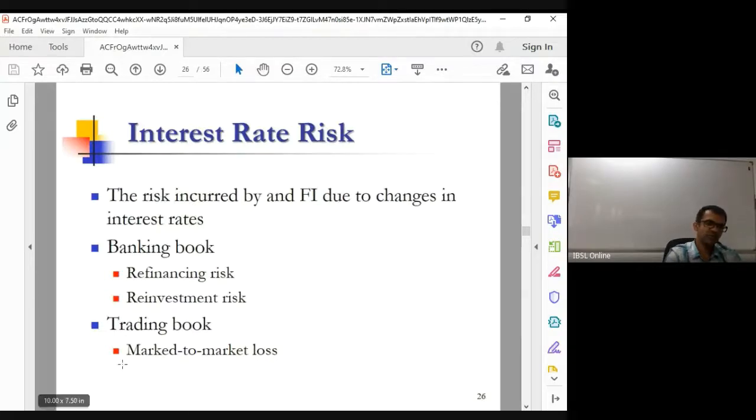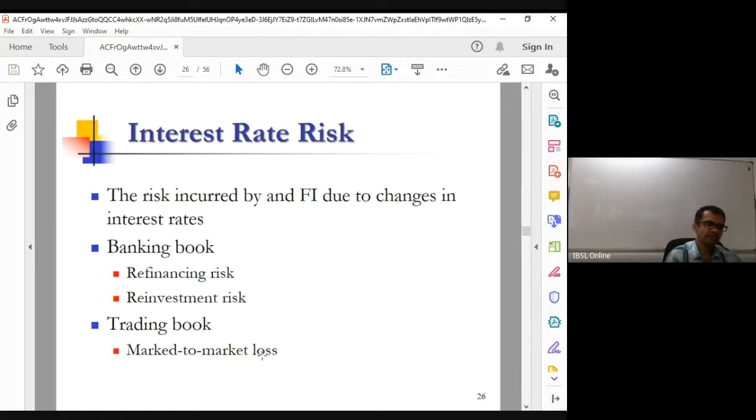But in a trading book, generally we do mark to market very frequently, most probably daily. So what does it mean by mark to market? We take the market price of each and every asset and revalue our holdings to the market price.